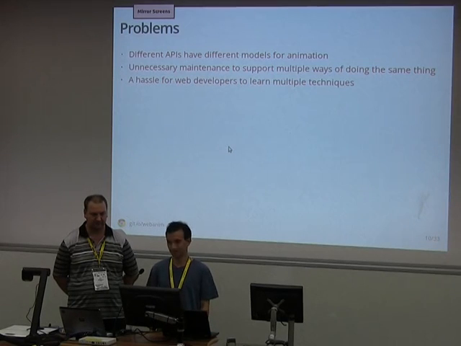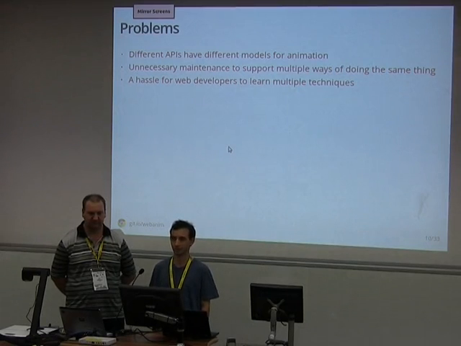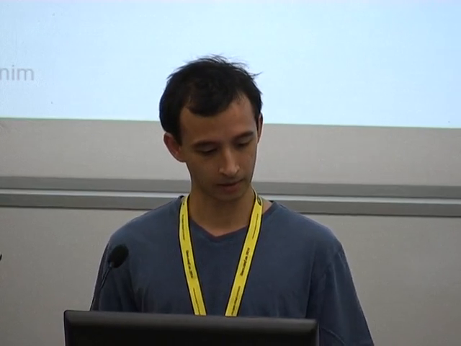And with all these different APIs, it's not nice for web developers to have to learn them all, and to learn the pros and the cons and all the different ways to do it. They're quite different. As you saw, SVG was using the XML DOM, where CSS was using style sheets. These are radically different ways of interfacing with the animation.